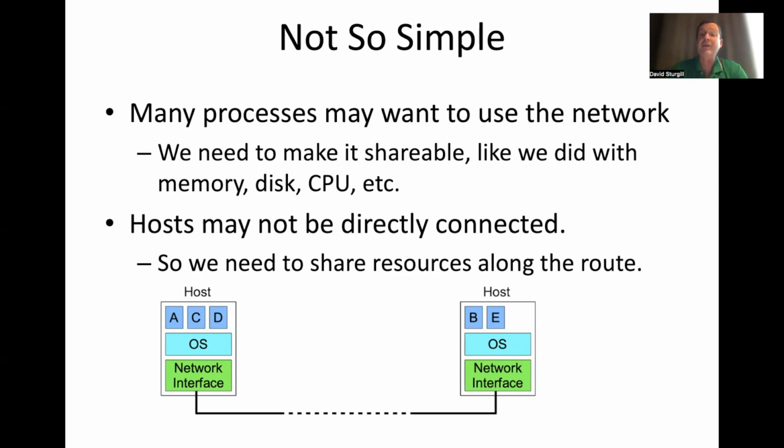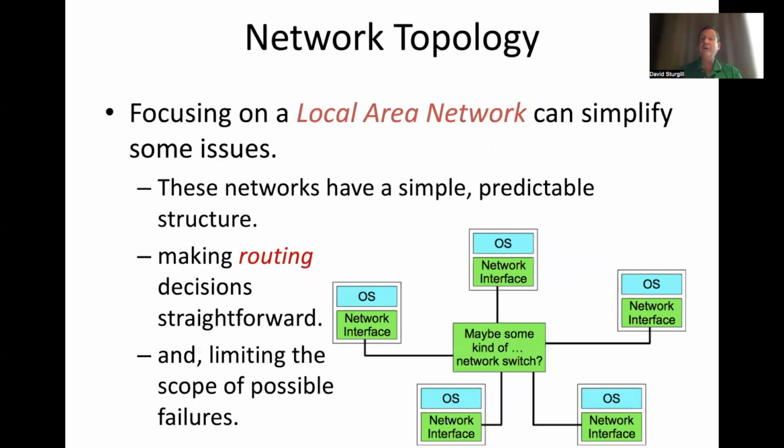And for getting a message from one host to another, if those hosts are not directly interconnected, we're going to need help from a bunch of other hosts or devices along the way to make sure a message can make it from the sender all the way to the receiver. Doing this is easier if our network is small. A local area network is one where you've got a small number of devices and you can know a lot about how they're interconnected.